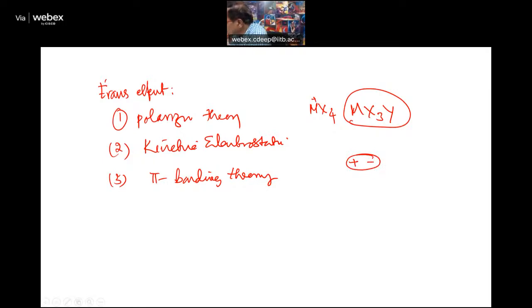Now the ligands are negatively charged, so the negative ligand comes here, and the other one, Y, is weaker, so it comes here like this. The charges are the same, so it repels. As a result, this bond is longer and this bond is shorter, so now substitution can happen. This is what happens in polarization theory.